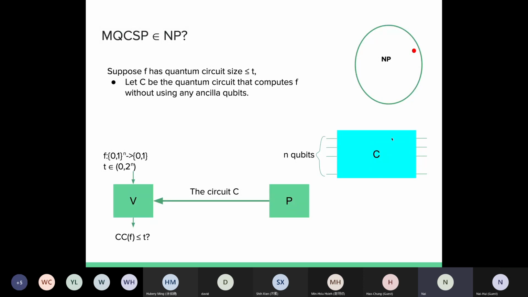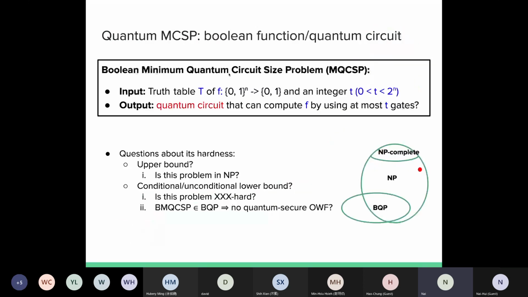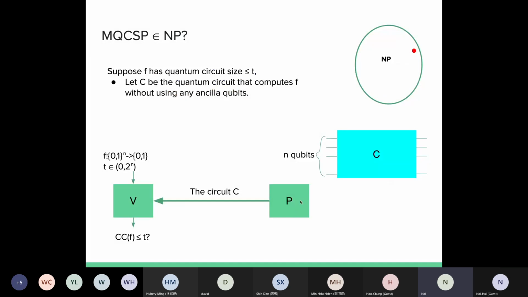By the way, does everyone know the definition of NP? Probably I'll just quickly go through it. The definition of NP is that if the instance, like the input function, has a quantum circuit with size at most t, then the prover should be able to give a certificate to show that this function has a quantum circuit of size at most t.